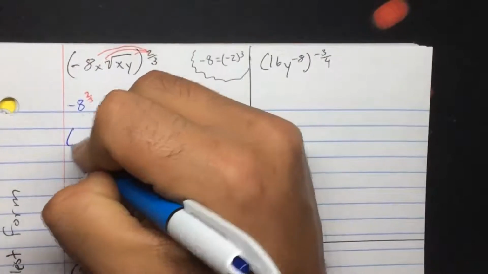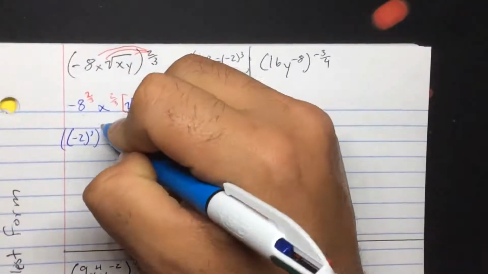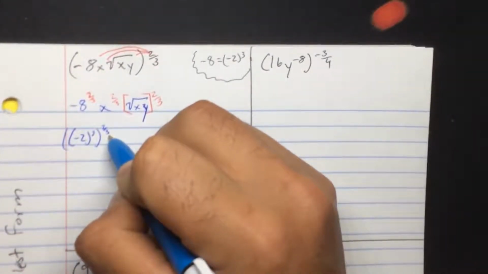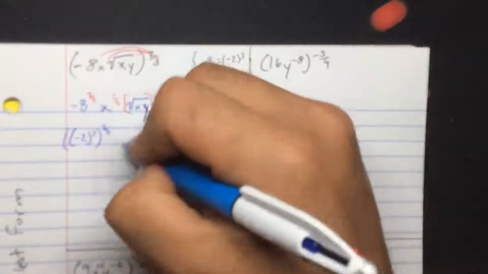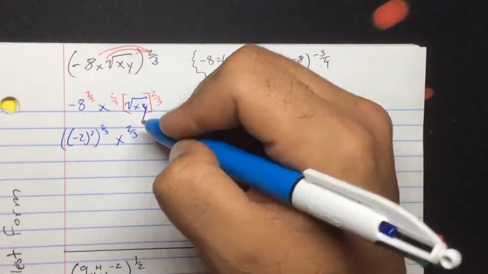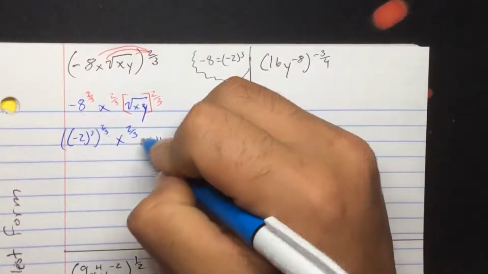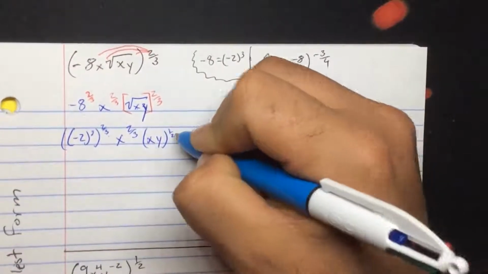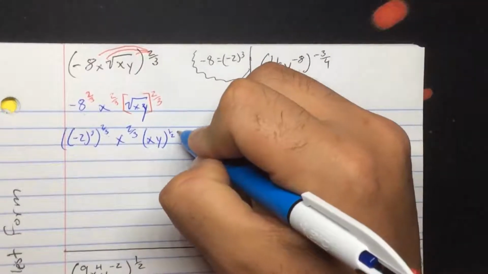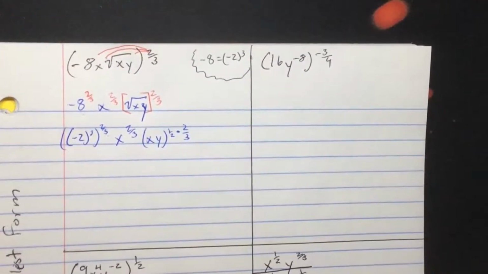We have our -2 cubed to the 2/3 power, x to the 2/3, and then we can rewrite this as xy to the 1/2, and then put the bracket over again, or we can just multiply it by 2/3, because that's what we have.